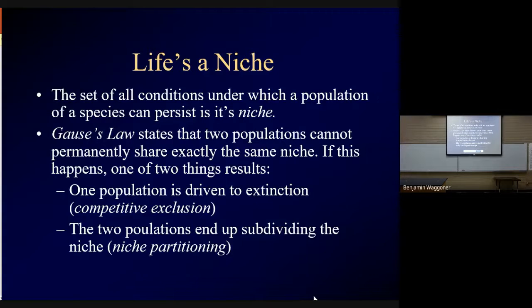A store that sells only athletic shoes is not competing for the same people as the store that sells nice fancy leather pumps, perfect for that dress where you're going to go to Beryl Baptist Church on Sunday, or wherever it is that you go if you're in Bologna. Different customer bases. They've divided the population of people that want to buy shoes in Bologna, so they're not competing with each other. That would be niche partitioning.